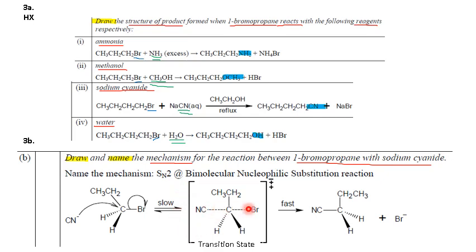Must label the transition state and the signs: negative, positive, positive. Next is a fast step, the forming of the C-CN bond, and Br negative is formed. So the configuration at carbon is inverted as the C-CN bond is formed completely and the Br negative ion leaves. Always, as I explained before, must draw in three-dimensional structure, with the wedge to the left and the dash to the right.